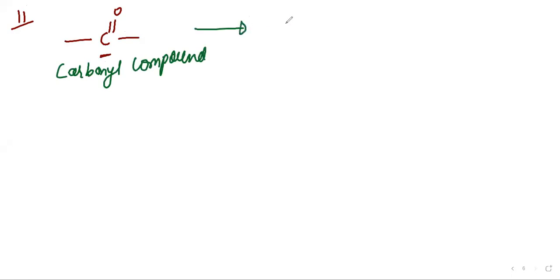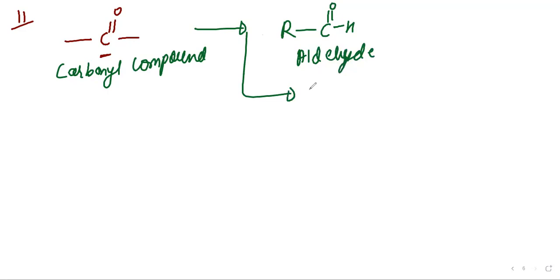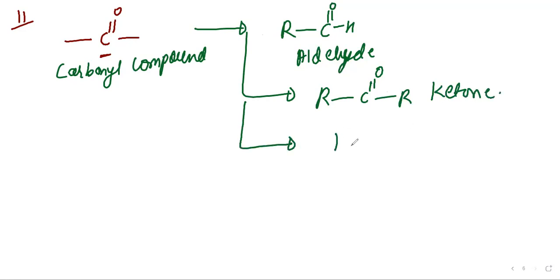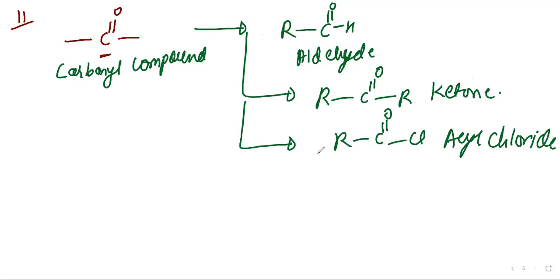So it can be like R C double bond O H. So this can be an aldehyde, or it can be R C double bond O R, a ketone. It can be R C double bond OCl, acyl chloride, right? So these are the many points. So asked in 2016.